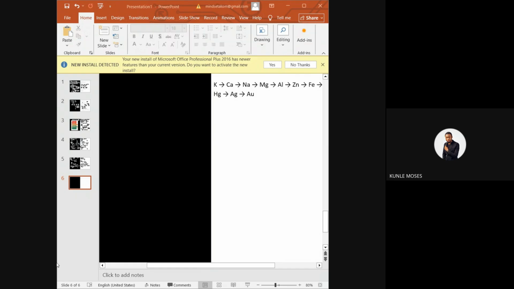A reaction is spontaneous when the value of delta G is dash. A, positive. B, 0. C, negative. D, maximum. So come again. A reaction is spontaneous when the value of delta G is what?